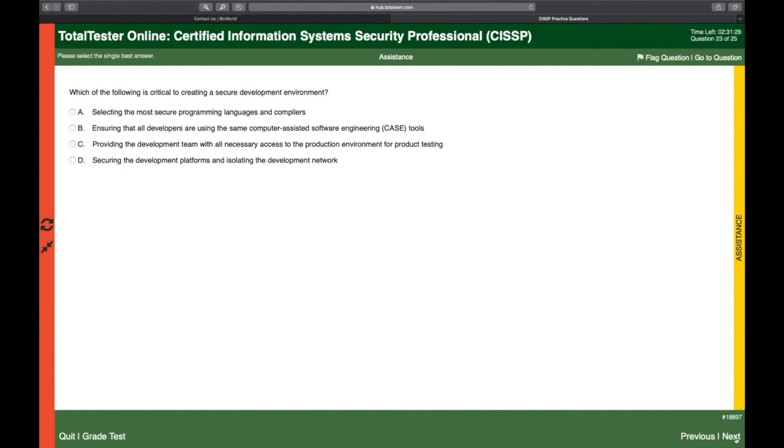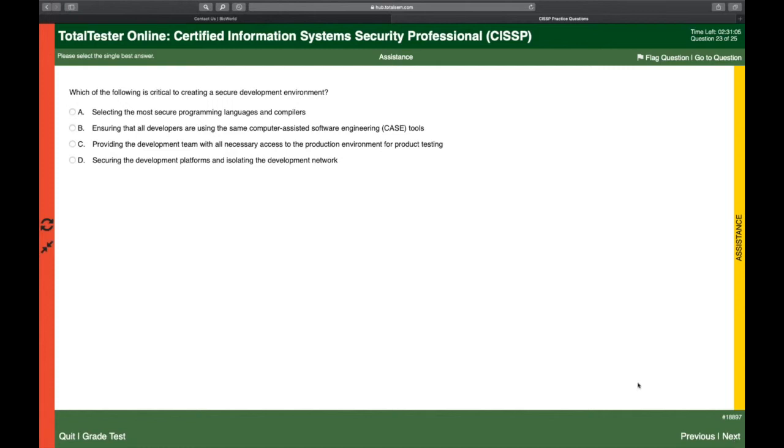Is it Alpha? Anyone else? I'm torn between Bravo and Delta, and I'm leaning more towards Delta. Yeah, I concur with Delta. I concur with Delta. Yeah, I'm leaning towards Delta.